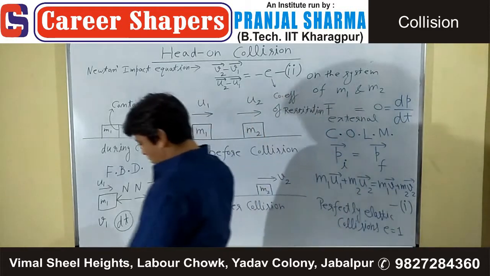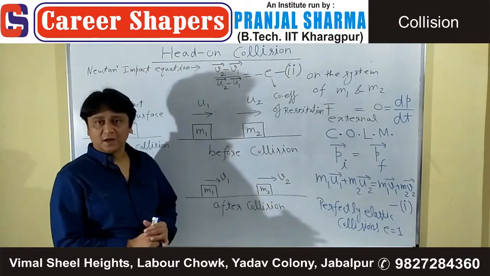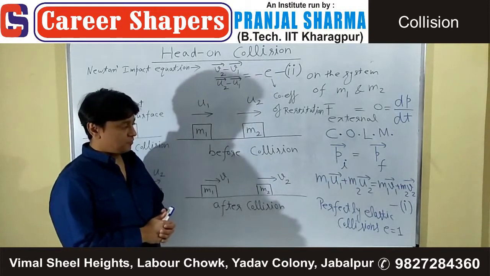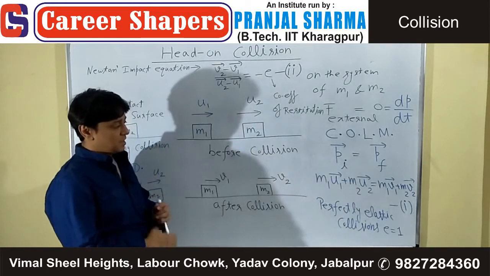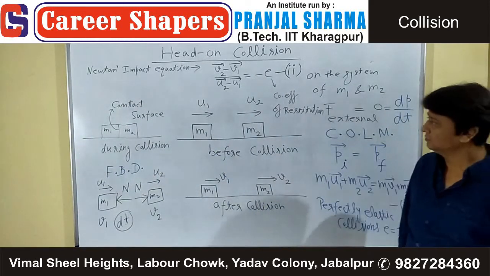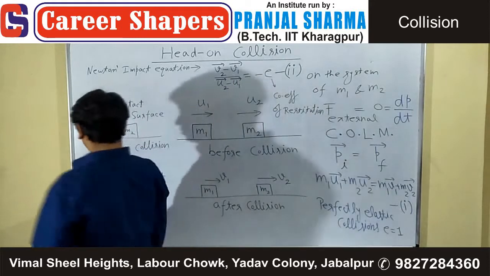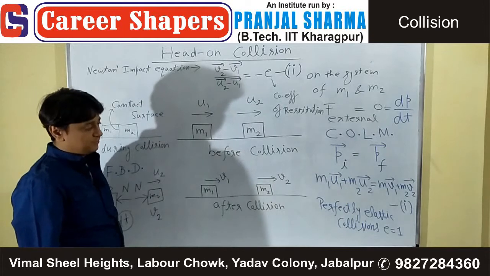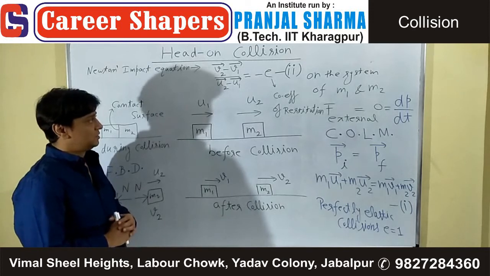Write down the next line. For perfectly inelastic collisions, E is 0. After a perfectly inelastic collision, both bodies move together.